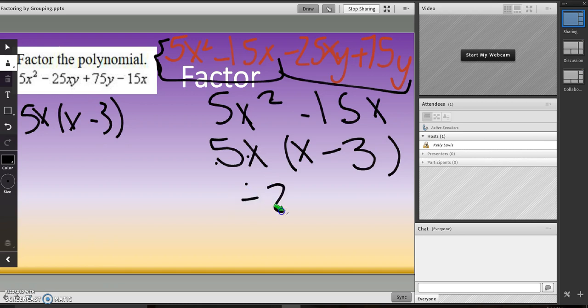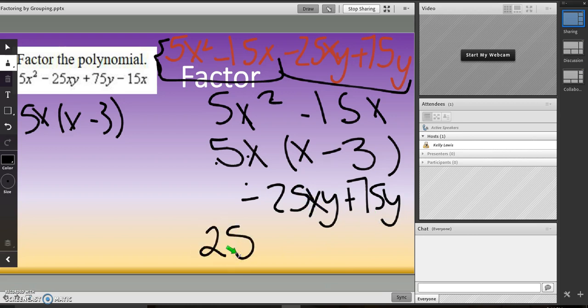Then we have this negative 25xy plus 75y. Right, they both have a 25 and they both have a y. Remember, I need this right here to be x minus 3. So I need to figure out if he is a positive 25 or a negative 25. Because he's originally a positive right here, but I need him to be a negative on the inside.